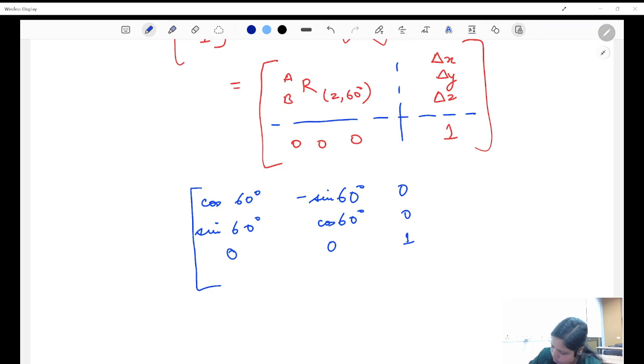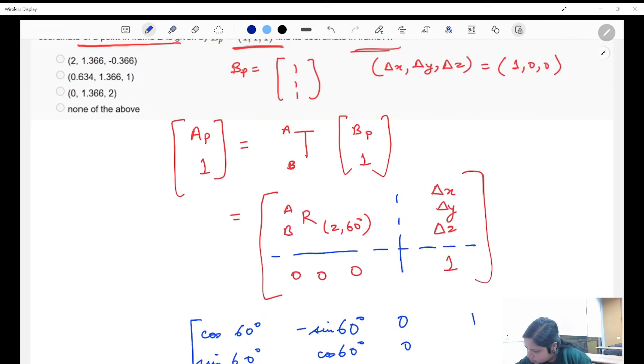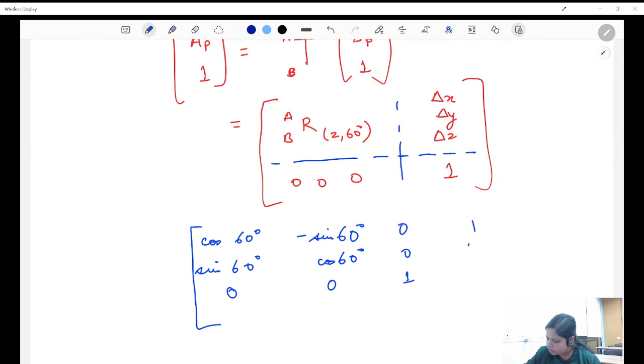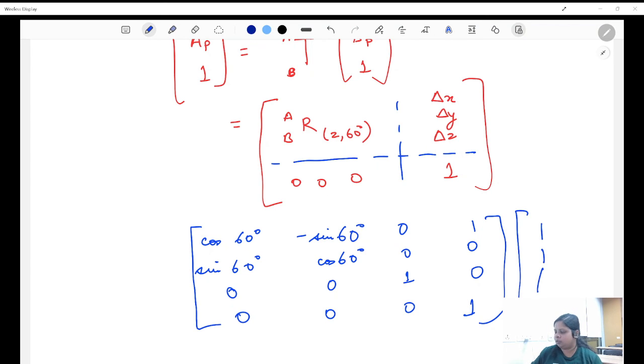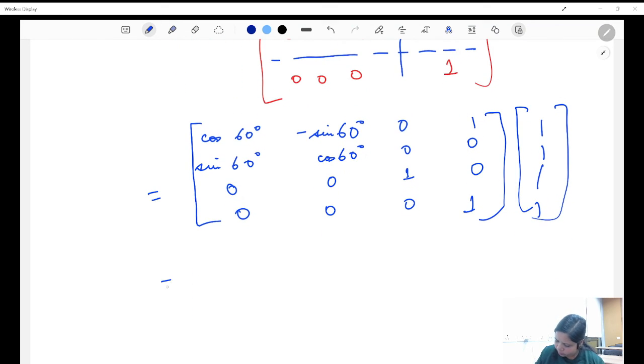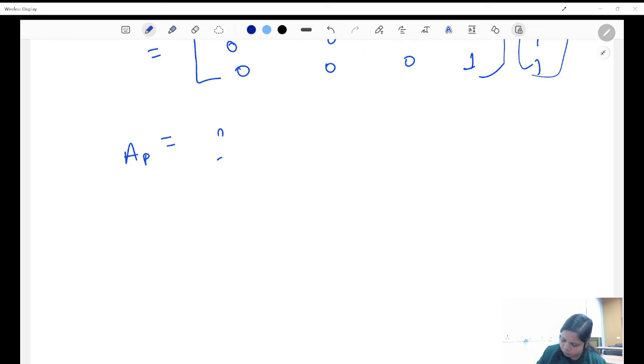Delta x, y, z is, sorry, 1, 0, 0, right? Yes, it is 1, 0, 0. Here it is 0, 0, 0 and 1, multiplied with 1, 1, 1, 1, which is BP and 1. Whatever you get would be the value of AP. Can you solve this and tell me what do you get in AP?